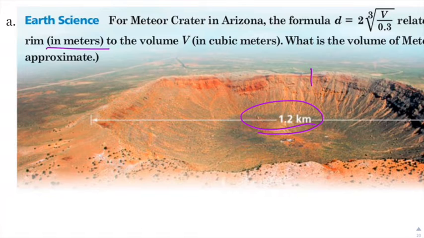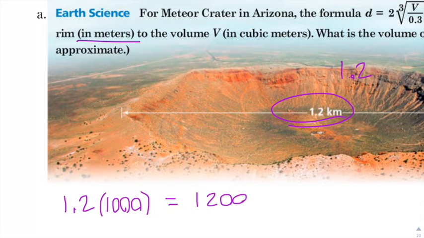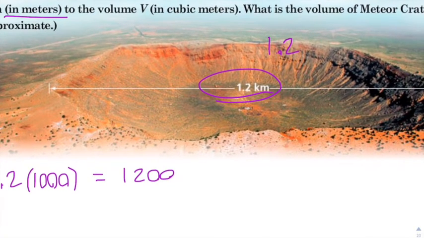So we have to take that 1.2 kilometers and convert it first. To convert from kilometers to meters, you just multiply by 1,000, so that's 1,200. Once we have that, we plug it in for D, and we should be good to go.